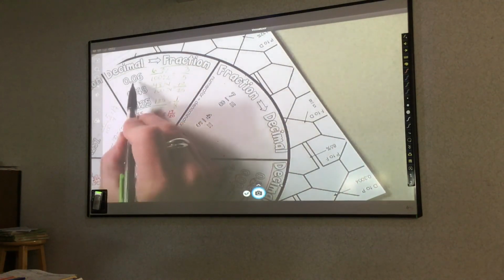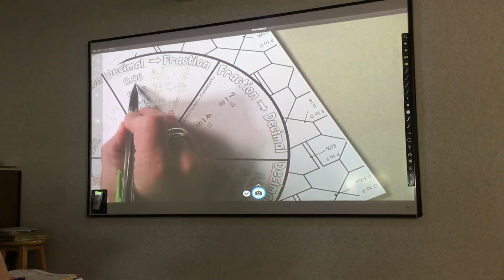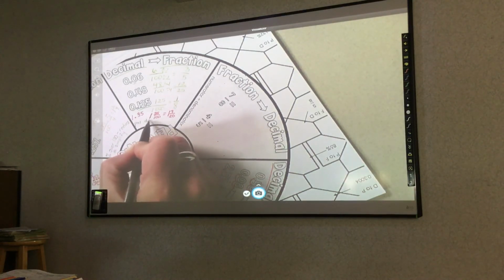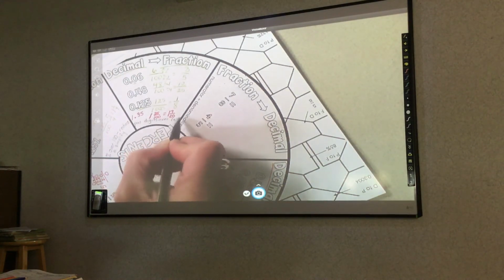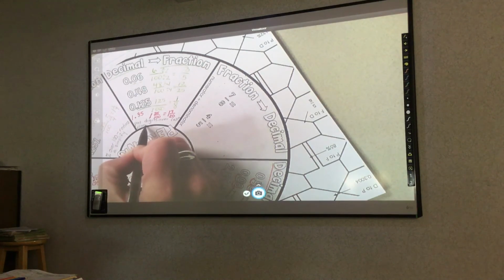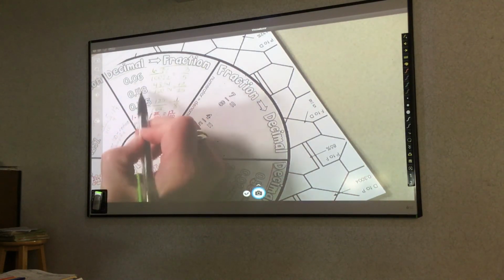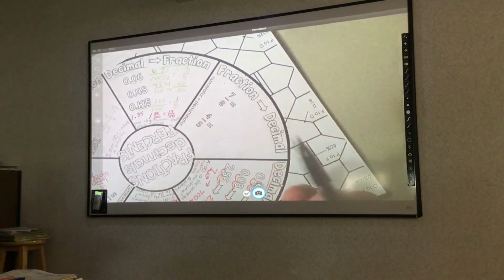So what you're doing is you're putting the digits over the last number, or the last place value. So we're just gonna shorten this up. Put digits over last place value. So like this was the hundredths, this was the hundredths, this is the thousandths. Can I also do it with the tenths?